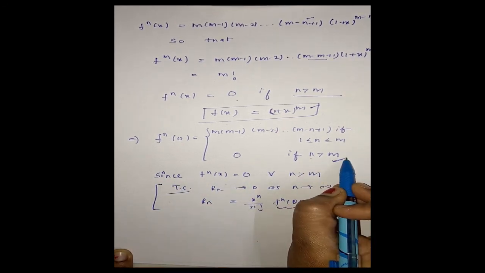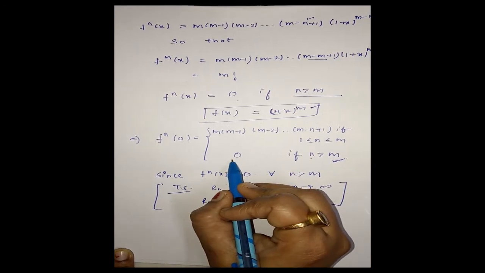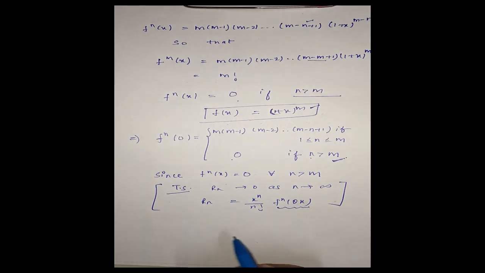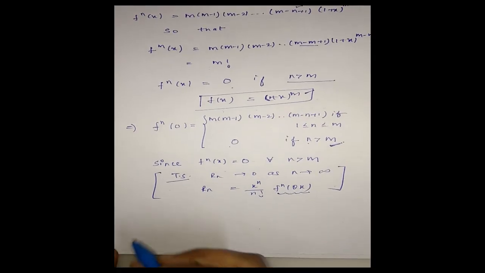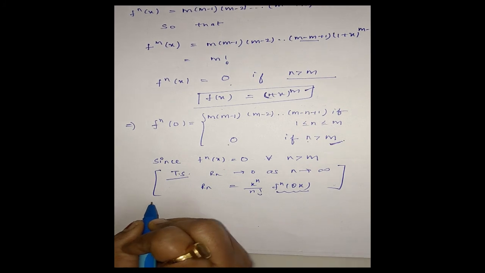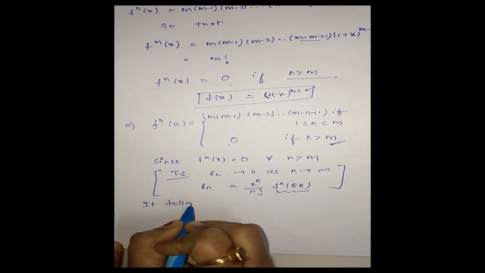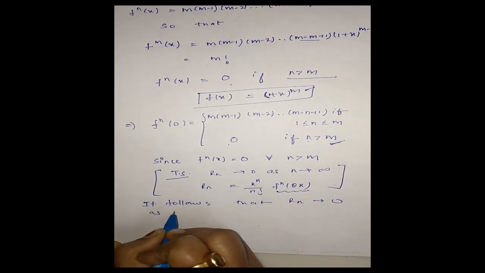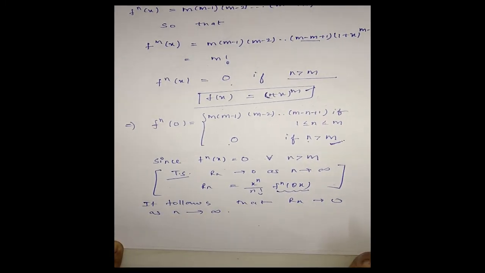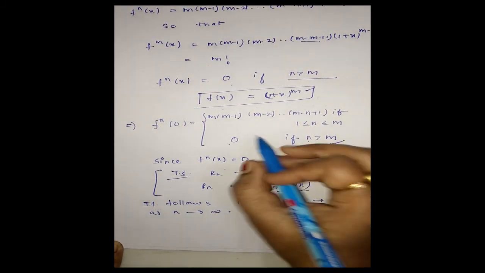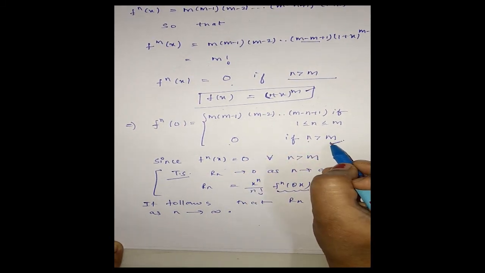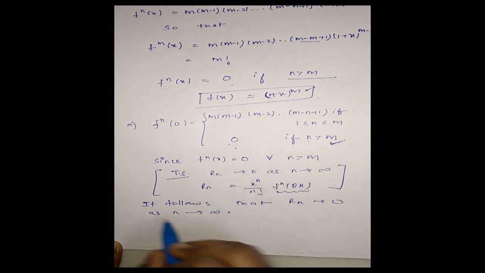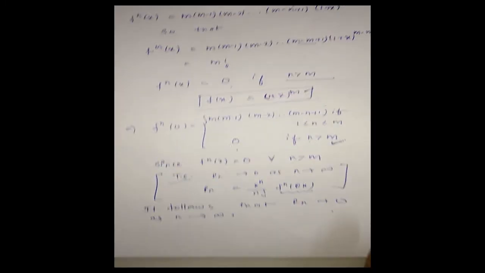As n is greater than m, we have f^(n)(0) is 0 only. That means R_n tends to 0 as n tends to infinity. From m plus 1 onwards, all derivatives are 0.